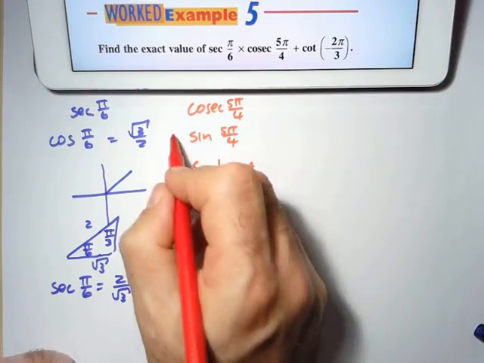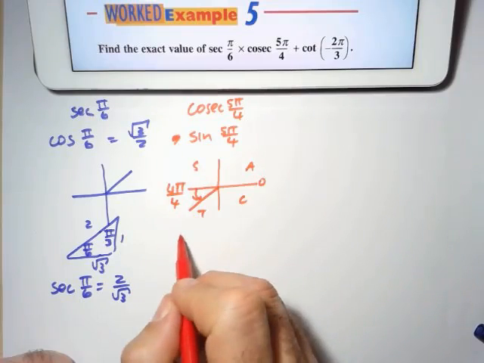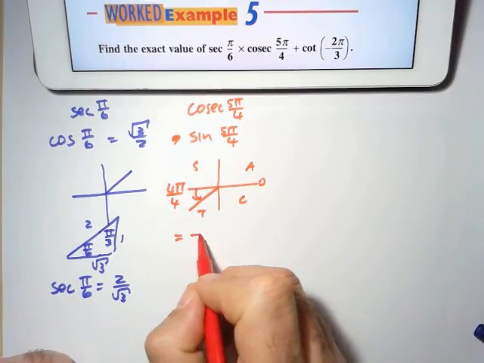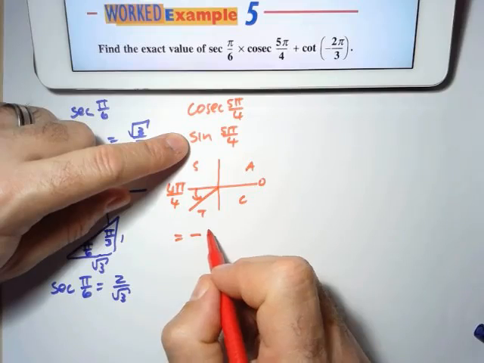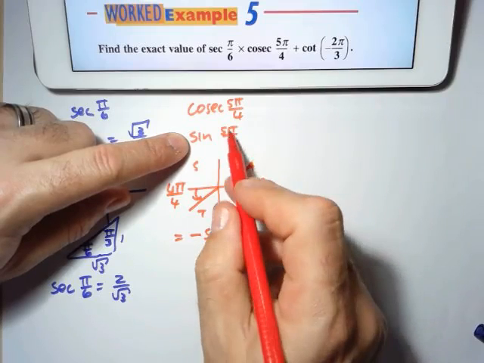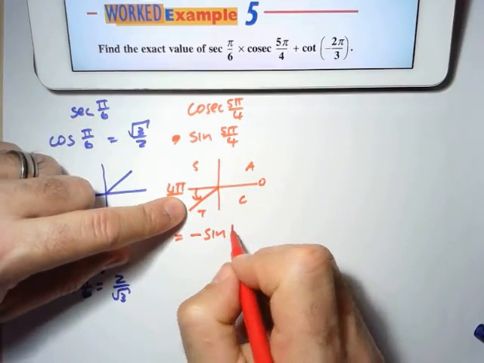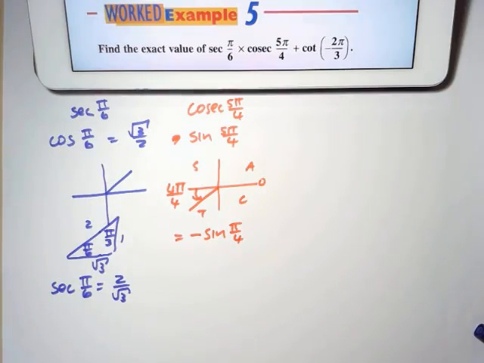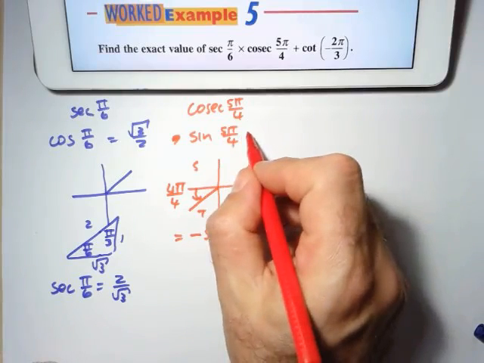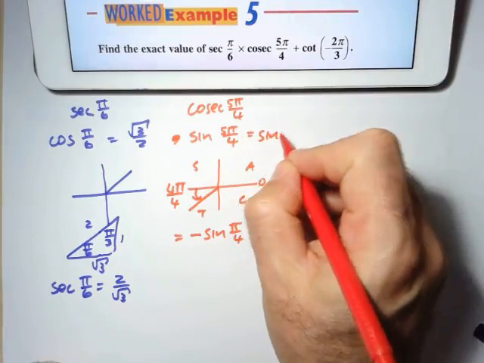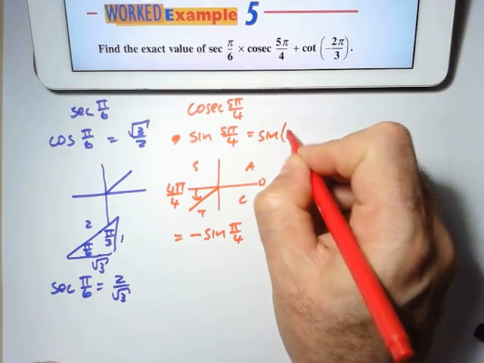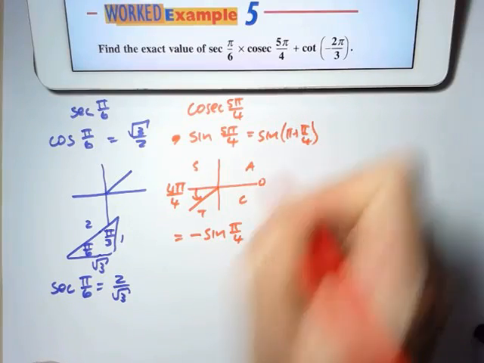So that equals negative the sine of my reference angle, and my reference angle is pi over 4, because 5 pi over 4 is pi plus pi over 4.